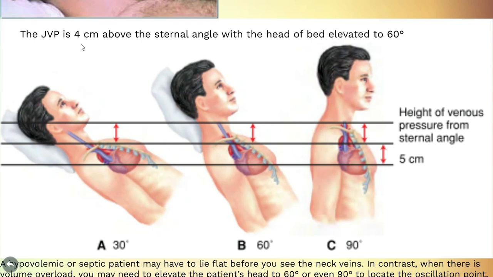You have to report it like this: the JVP is 4 centimeters above the sternal angle with the bed elevated to a 60-degree angle. If you want the central venous pressure, you have to add 5, since this is towards the right atrium, which is constant. For example, the JVP is 4 centimeters water, so you add 5 centimeters, so it's 9 centimeters water.